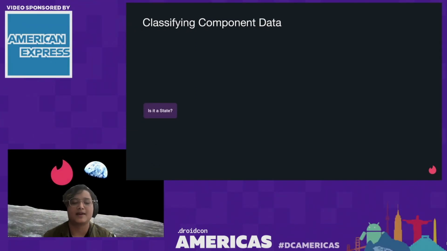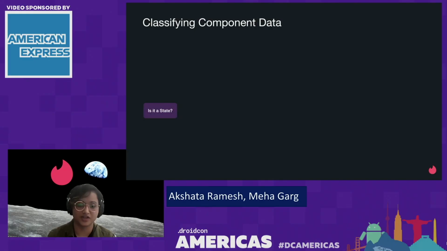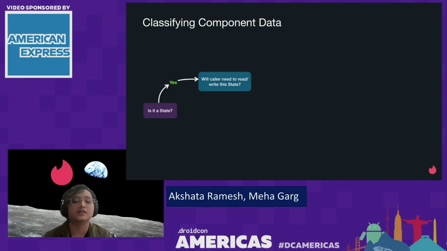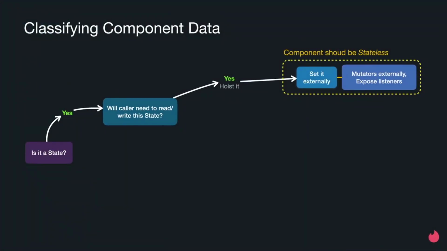If we determine that the data of our component is a state, that is, it changes over time, we can then ask if the caller needs access to that state. If the answer to this is yes, we can then decide to hoist that state up by allowing the caller to set and mutate it. And then we'd end up with a stateless component whose state got hoisted.